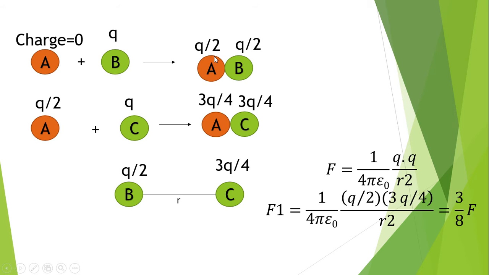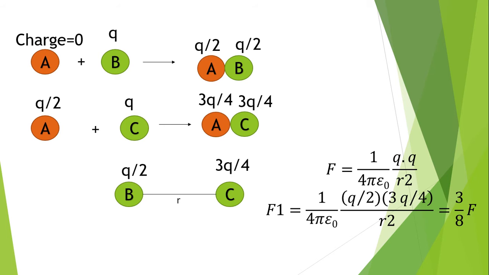So the formerly uncharged body has charge 3Q by 4 and charged body C has charge 3Q by 4.